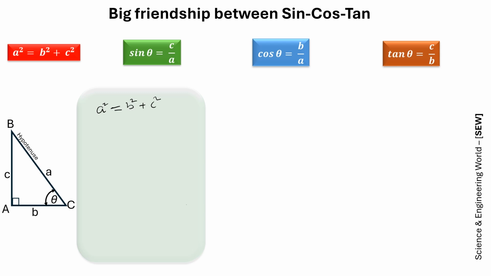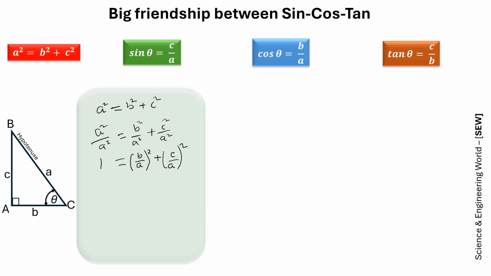So we're going to have a squared over a squared equal to b squared over a squared plus c squared over a squared. Now a squared divided by a squared gives us 1, and this will be equal to (b over a) squared plus (c over a) squared.